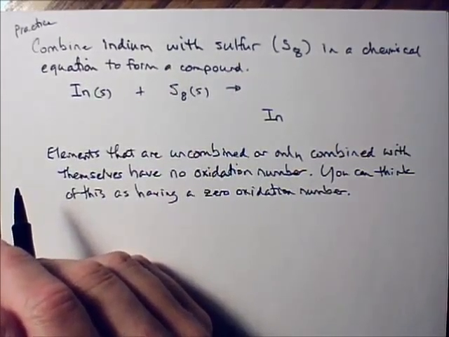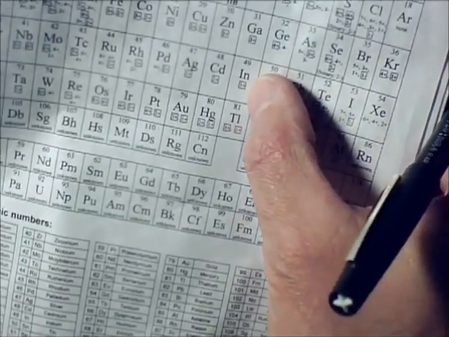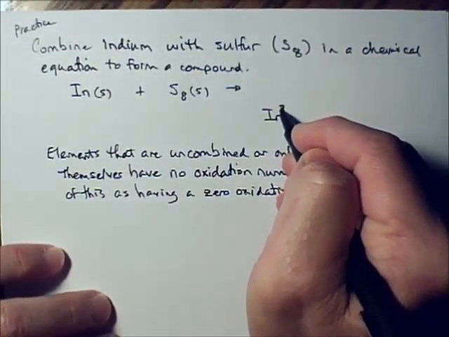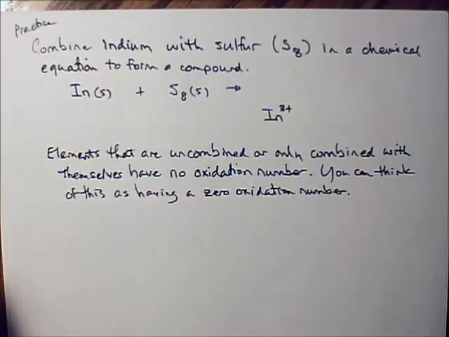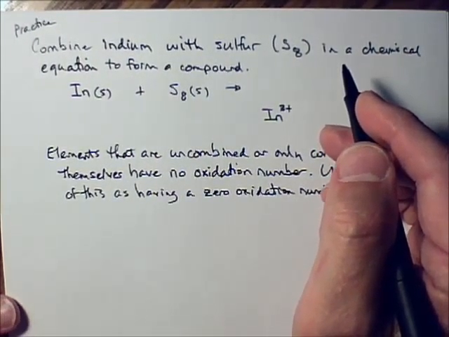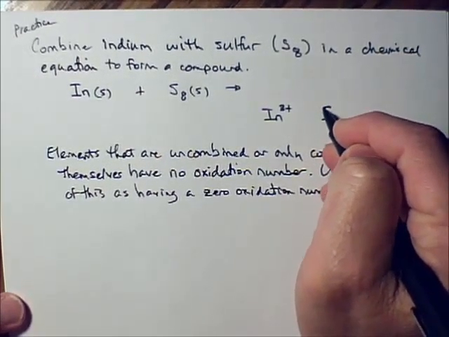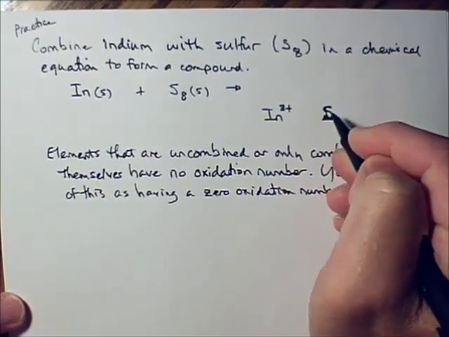Okay? And when we put them together, what charge are we going to assign to the sulfur? 2 negative. I'm sorry, I don't know why I wrote that. It's just an S. Okay? So, if indium is plus and it only has one kind of oxidation number, it's a plus charge.